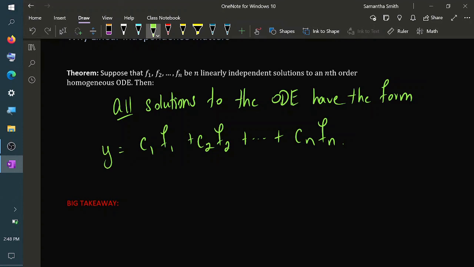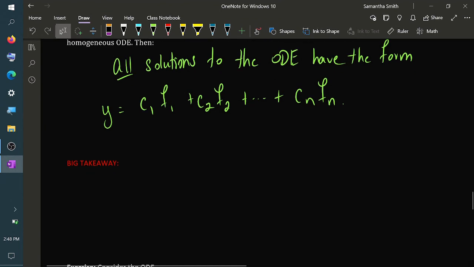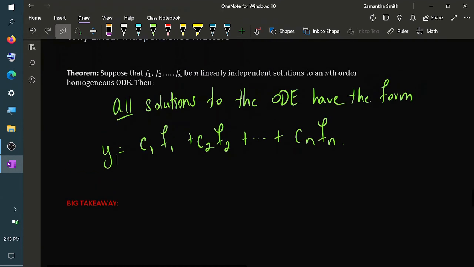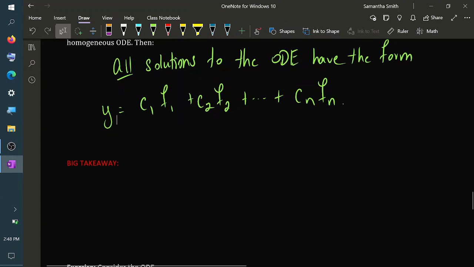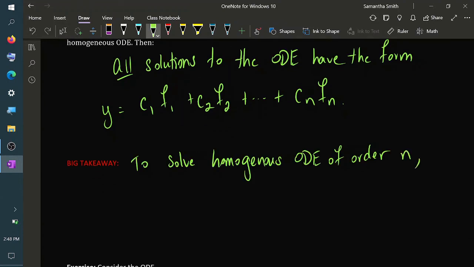So what's the huge takeaway? If you've got a homogeneous ODE and you want to find all solutions to the ODE, all you have to do is cook up n linearly independent solutions.